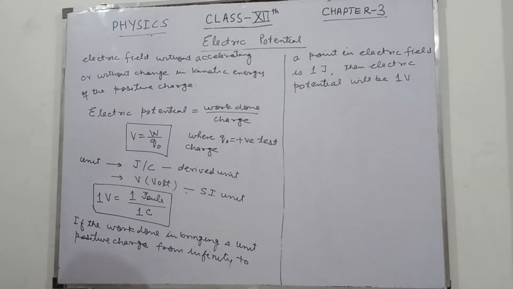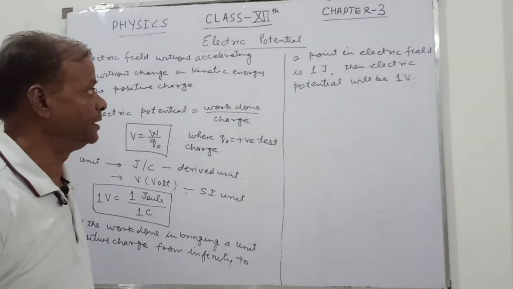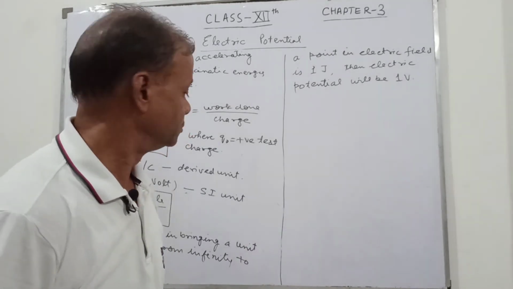If the work done in bringing a unit positive charge from infinity to a point in the electric field is 1 joule, the electric potential will be 1 volt.